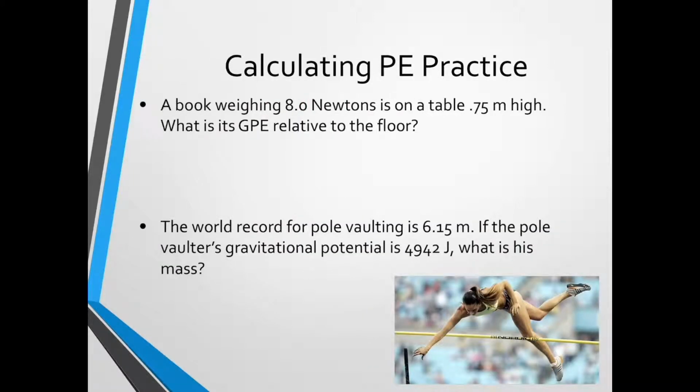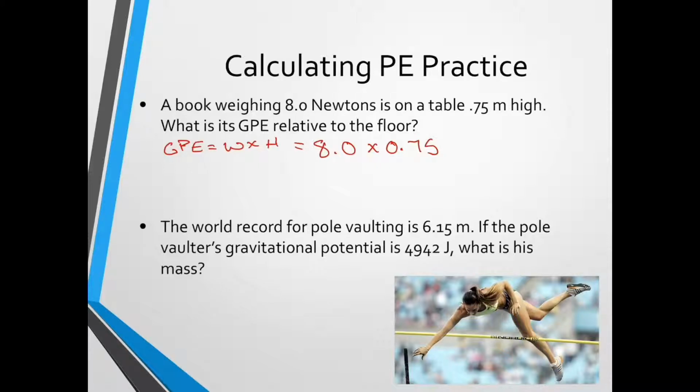Let's do some practice. The first problem here says a book weighing 8 newtons is on a table that is 0.75 meters high. What is the GPE relative to the floor? So remember, the equation is GPE equals weight times height, and our weight is 8 newtons. Our height is 0.75 meters.